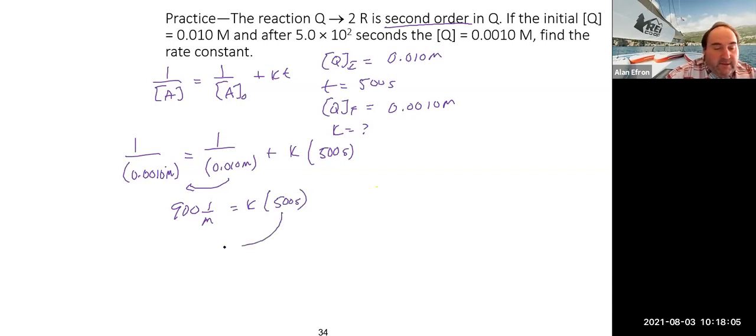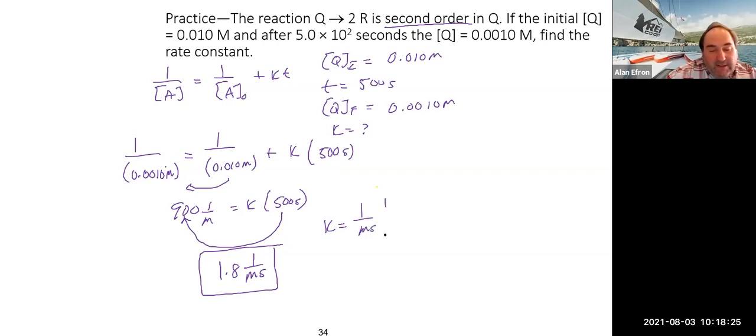We're going to then divide this to the other side. So we'll divide that by 500, and that is going to give us 1.81 over molar seconds as we bring the seconds to the bottom when we divide. And that is the units associated with a second order reaction, as we saw, 1 over molar seconds. Question on that calculation there.